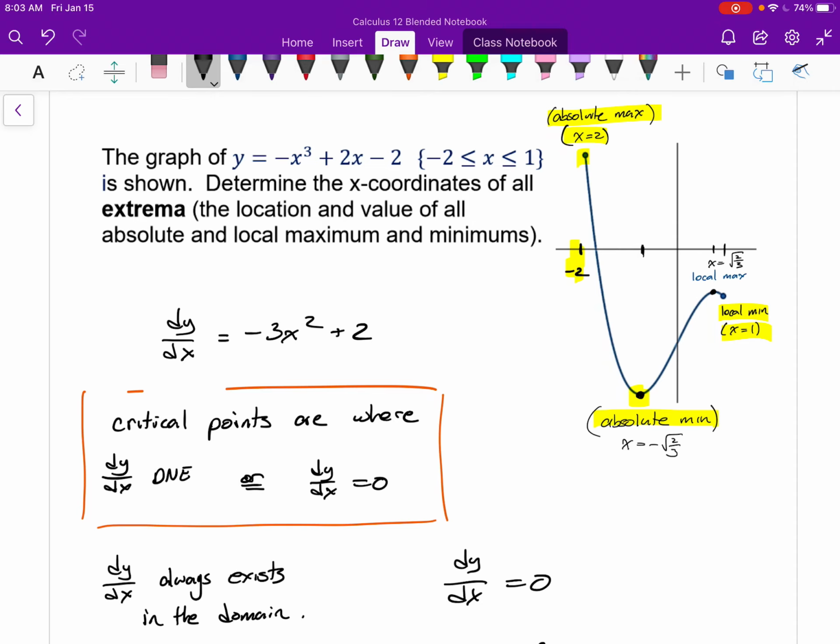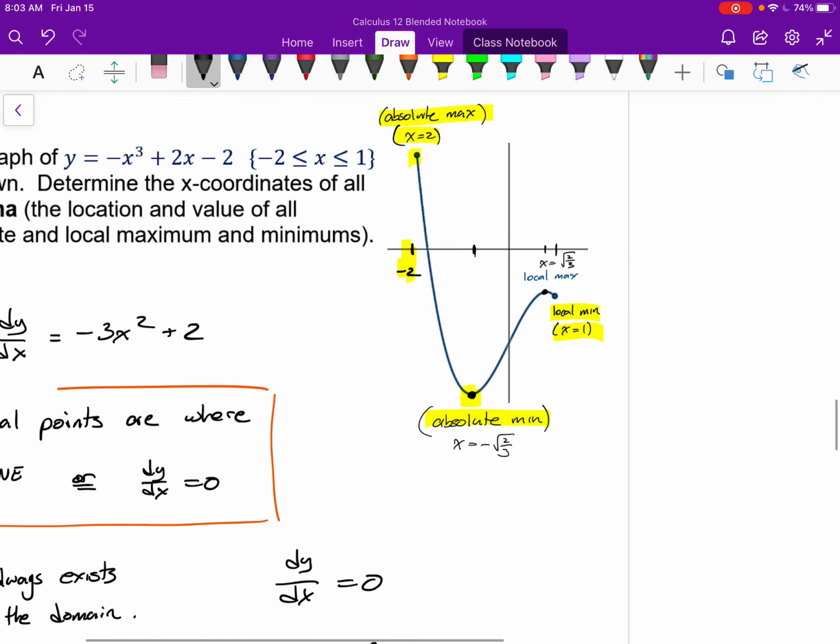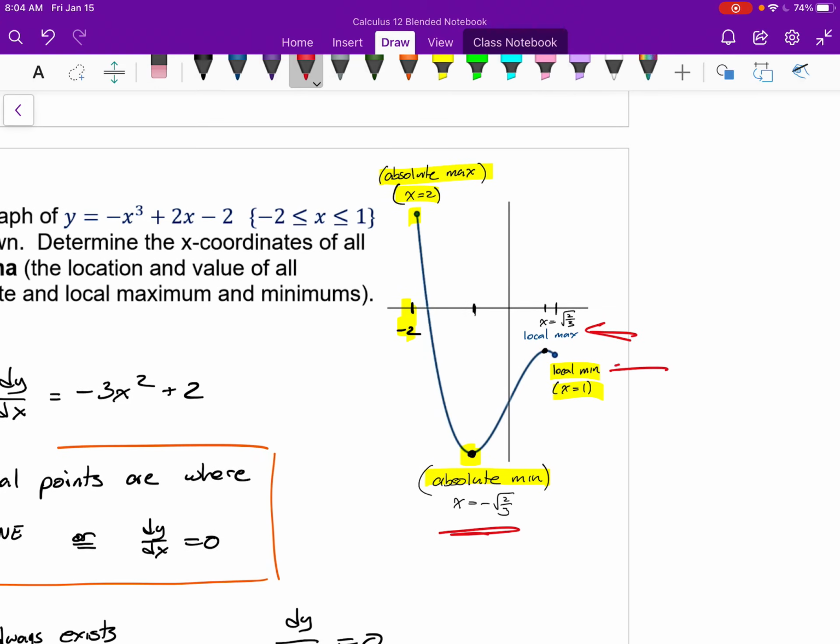OK, so in terms of the questions asking, I think I've answered everything. Determine the x coordinates of all extrema. And so I've done that. All the extrema have been labeled. So keep in mind, if I didn't have the graph, I would now know these 2 critical points. The only thing I wouldn't know from looking at the graph right away is these 2 endpoints, except once I look at the domain, I know there's endpoints there.